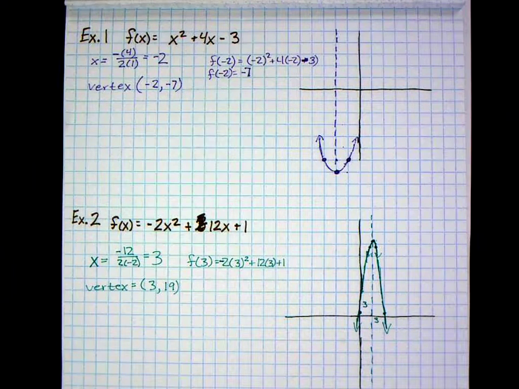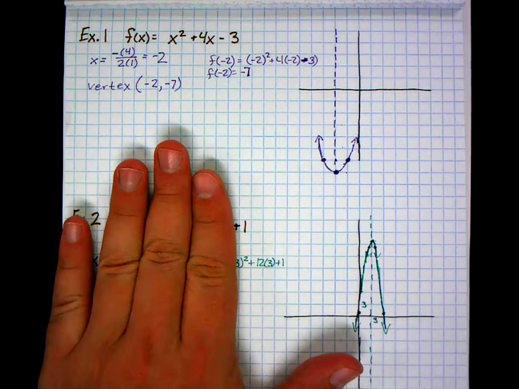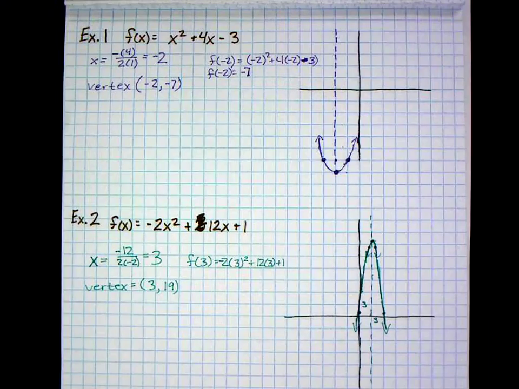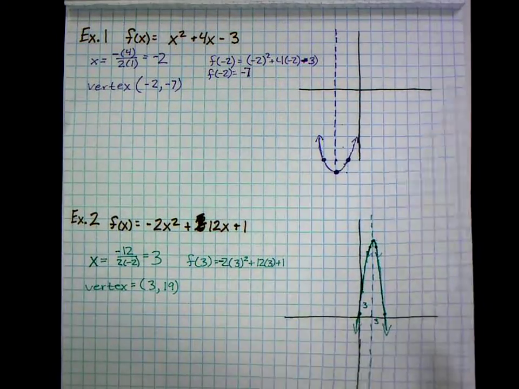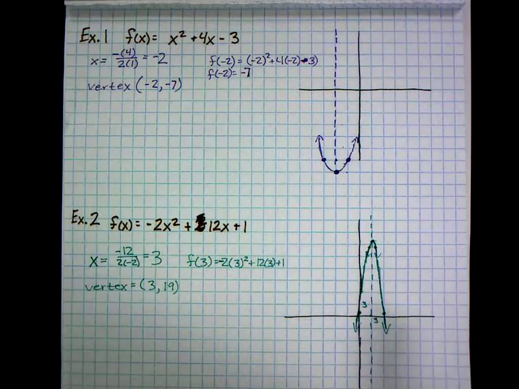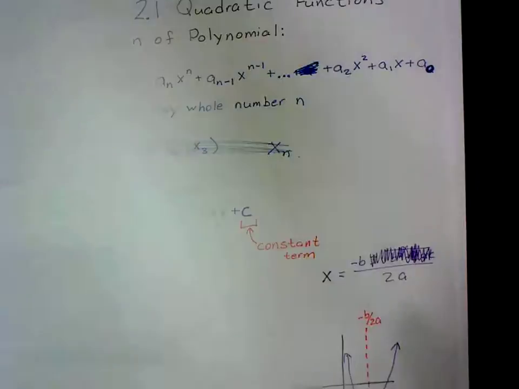So if you're the type that likes to plug in points, go for it. Just be smart about it. That point is really easy to get. The only time you can't use that point is whenever that point is your vertex. Okay, good with that part? Any questions before I rip it off and move on? Yeah.